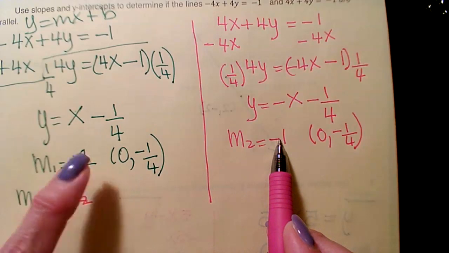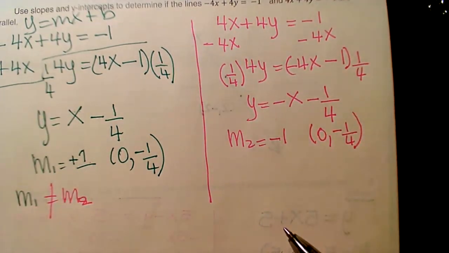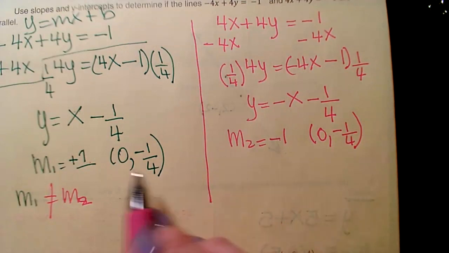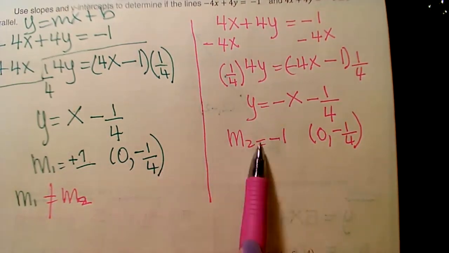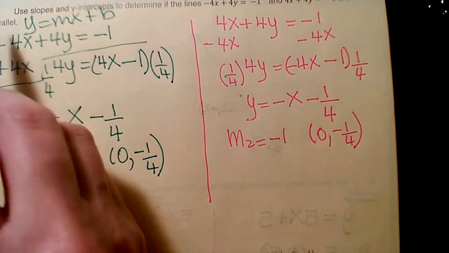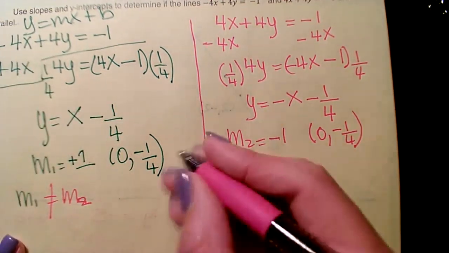And they are reciprocals too, because 1 over 1 is the same as 1. So these two lines are perpendicular, that's what they are. But they're asking us if they are parallel lines, so they are not.